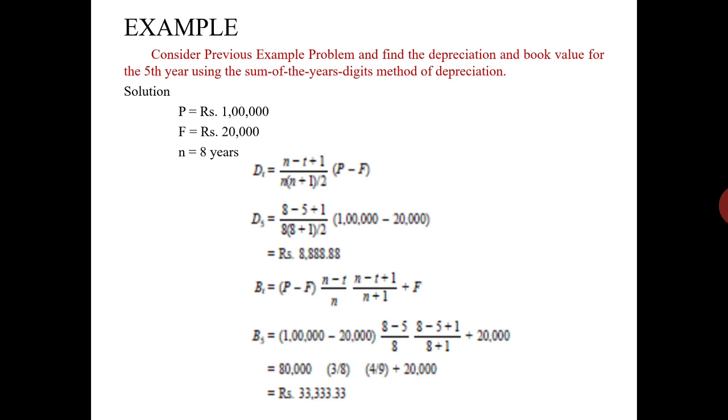Substituting the values, we get the fifth year book value as rupees 33,333. In the previous problem we calculated depreciation value year by year, but in this problem we directly calculate the fifth year depreciation value and book value.